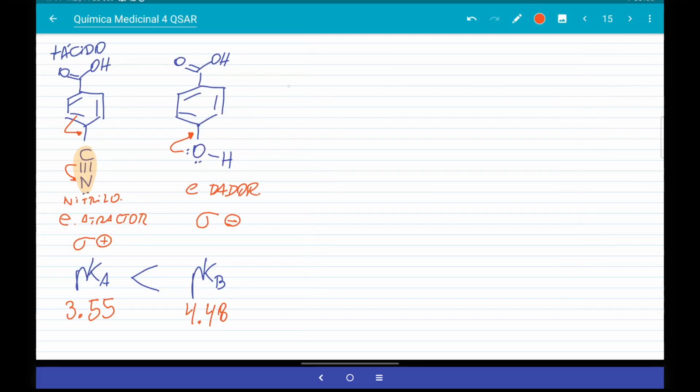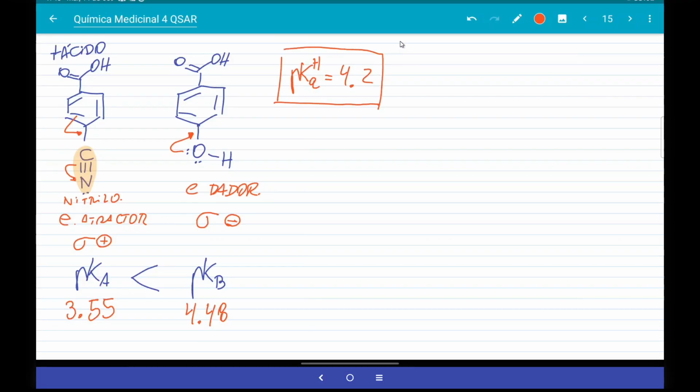I repeat, the pure benzoic acid, that is, when the substituent is H, is equal to 4.2, and that 4.2 is in the middle of 3.55 and 4.48. It already makes a lot of sense then.